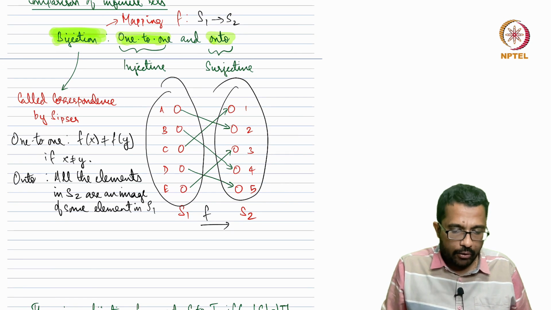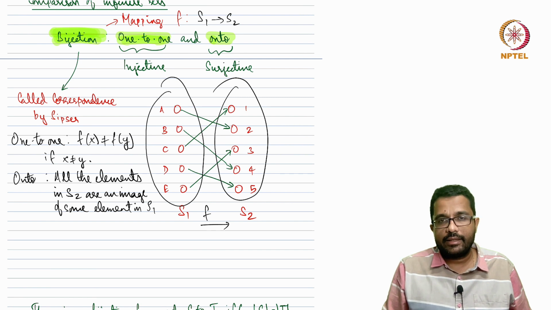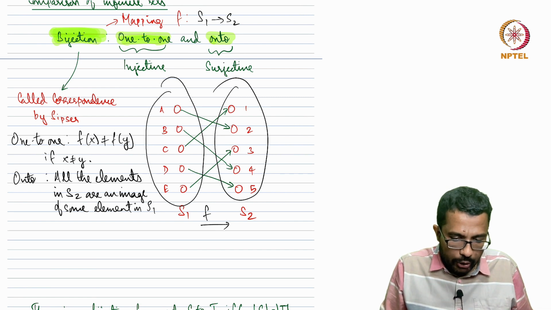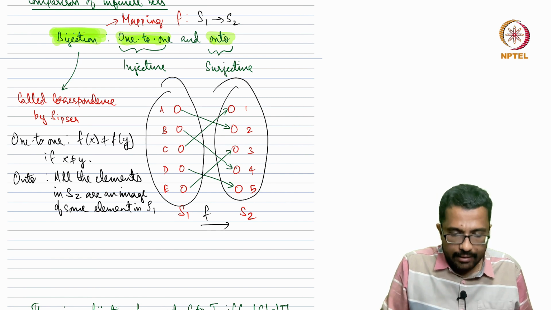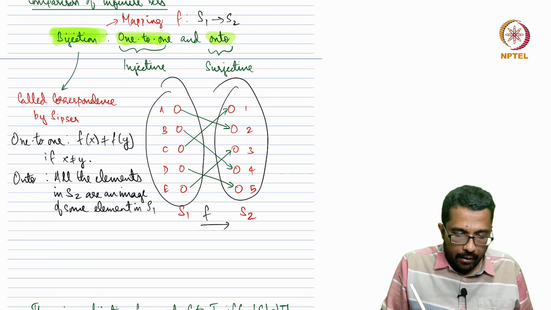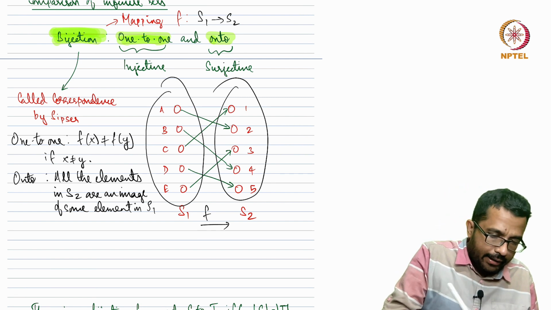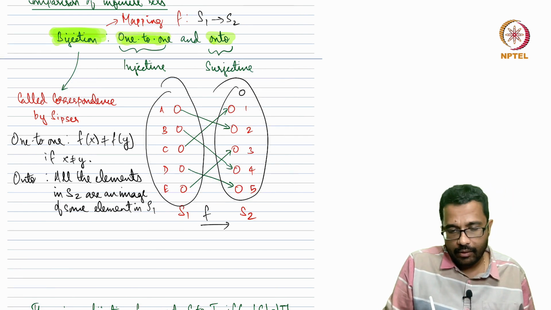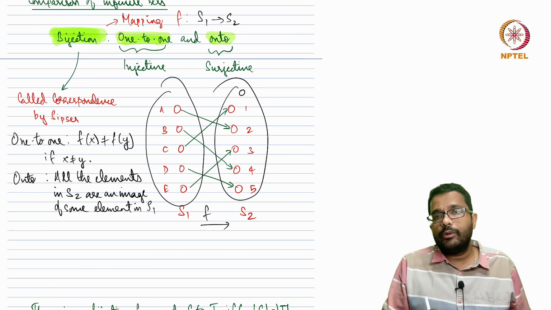And one to one and onto together means it's a bijection, and it's actually a nice set of properties. So we have two sets here, S1 and S2, like I have pictorially drawn. Notice that if S2 had, let's say, one more element, now we cannot have a bijection between S1 and S2.